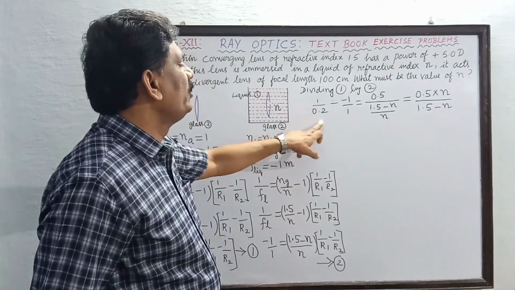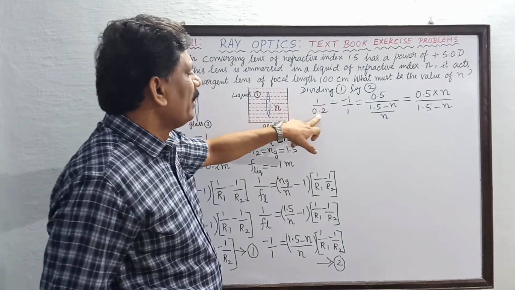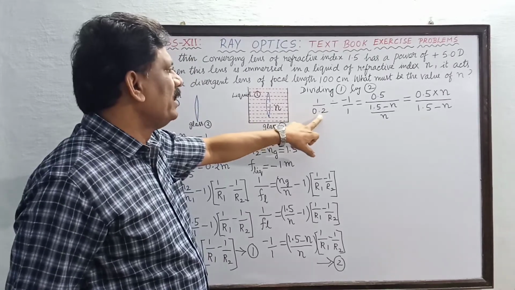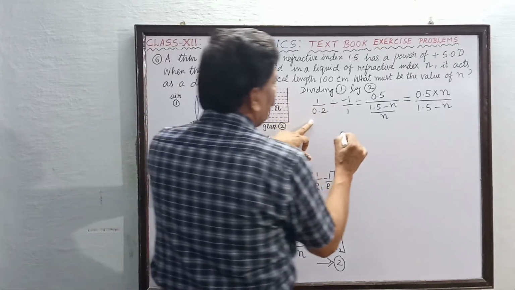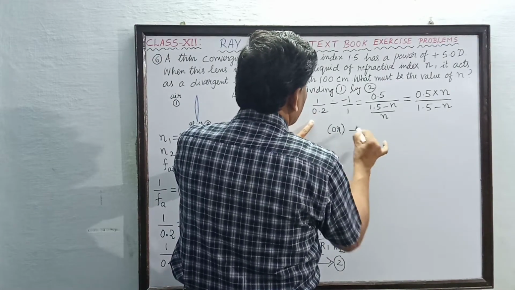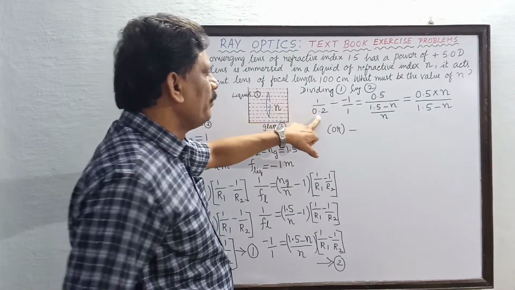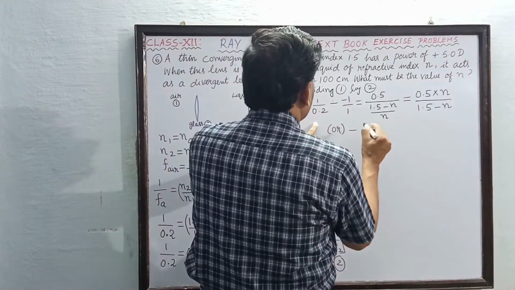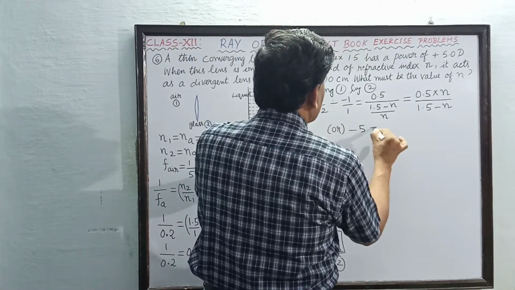Now the left hand side you will see here minus 1, that is 1 divided by 0.2 divided by minus 1. So the left hand side will become minus 1, and 1 divided by 0.2 is 5. So minus 5 is on the left hand side.